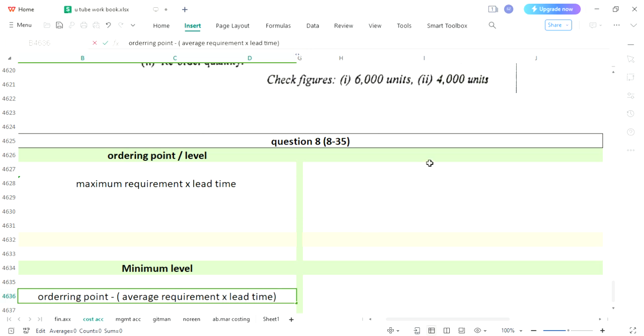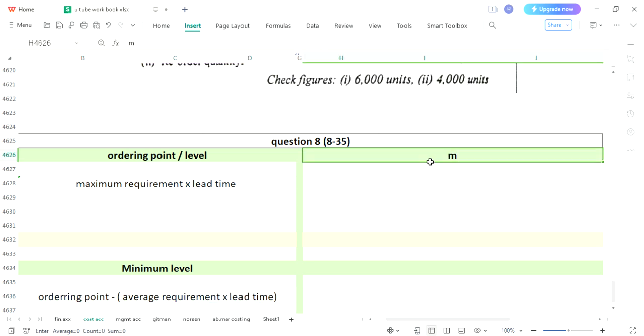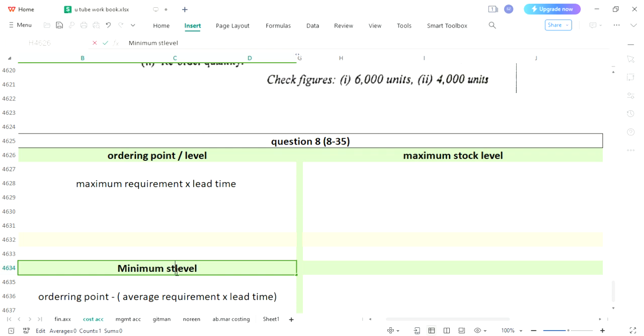And then we have our third element, which is maximum stock level, or it may be called maximum level, and minimum level can also be called minimum stock level.